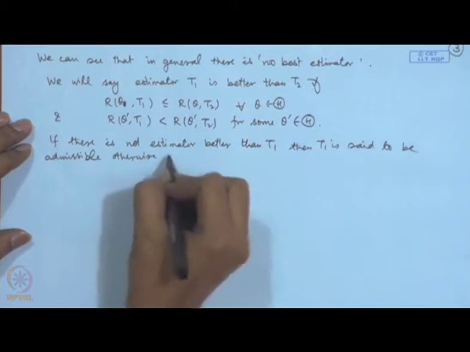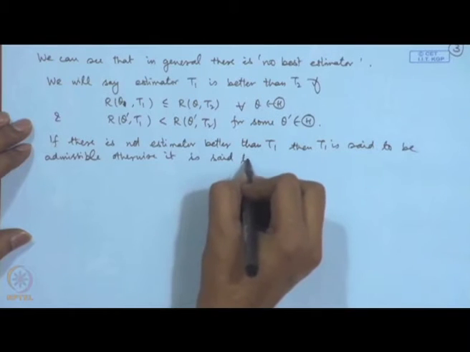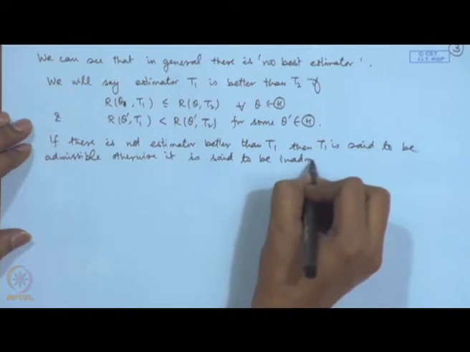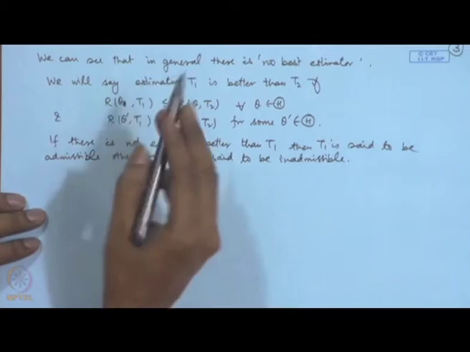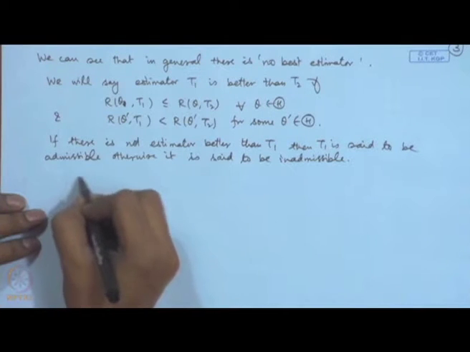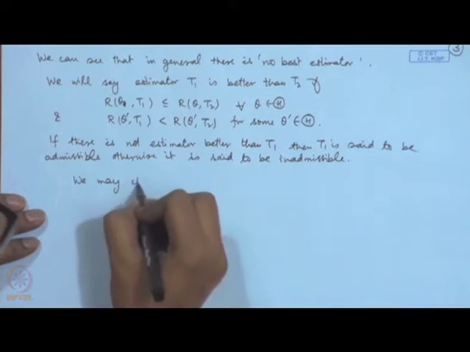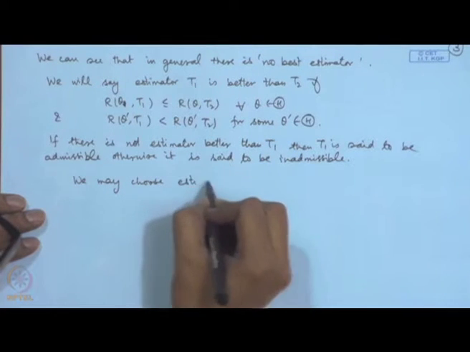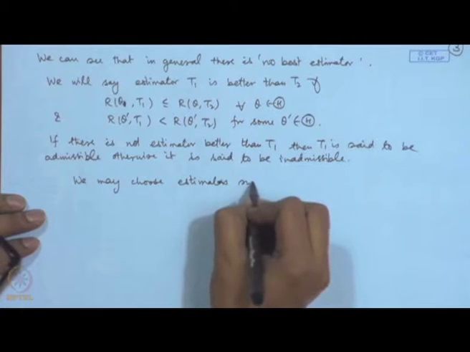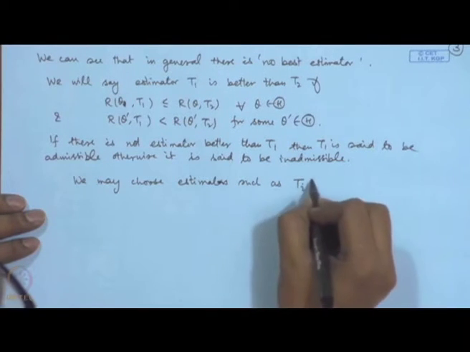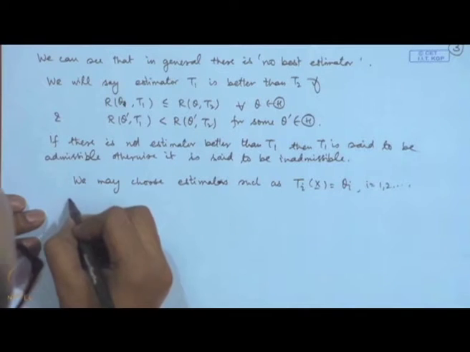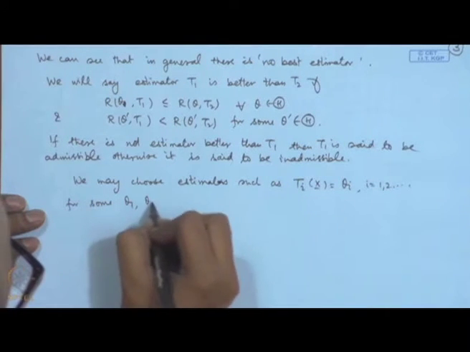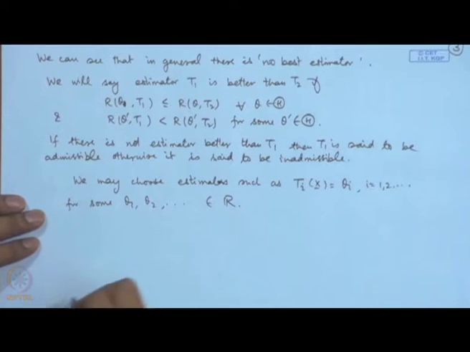Otherwise, it is said to be inadmissible. So, if you consider, say, the squared error loss function, we may choose estimators such as t_i(x) equal to theta_i for i equal to 1, 2 and so on, for some theta_1, theta_2 etcetera belonging to the real line.